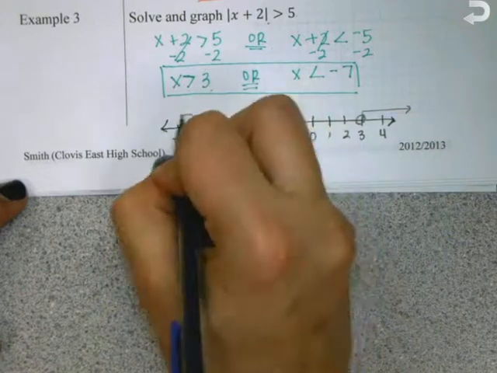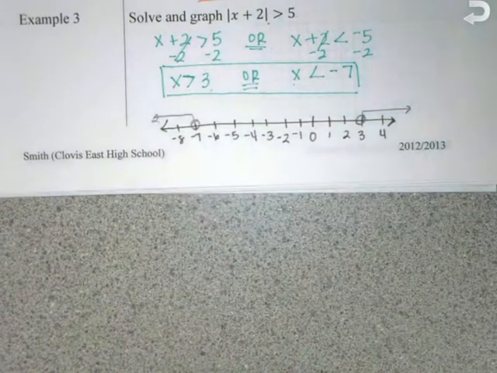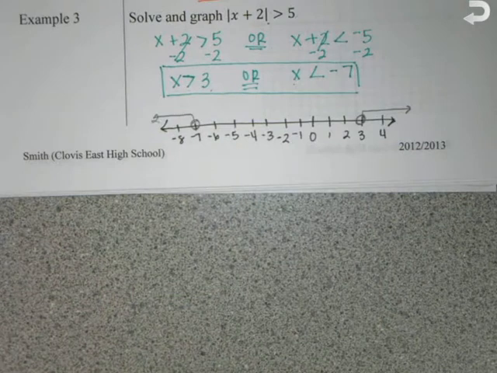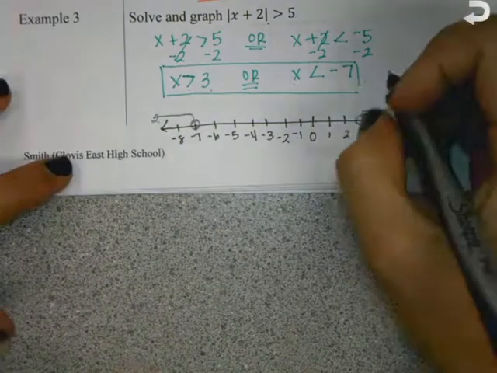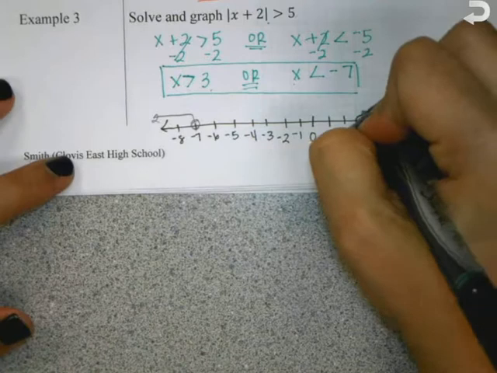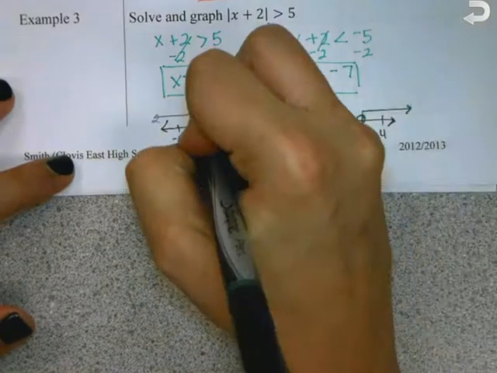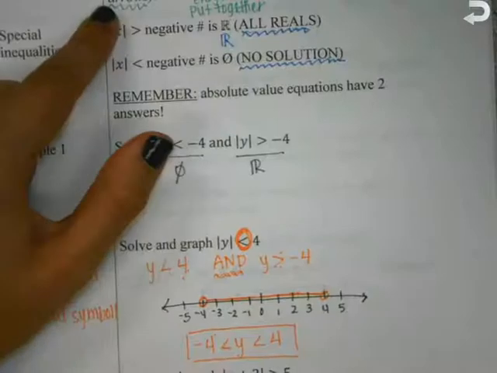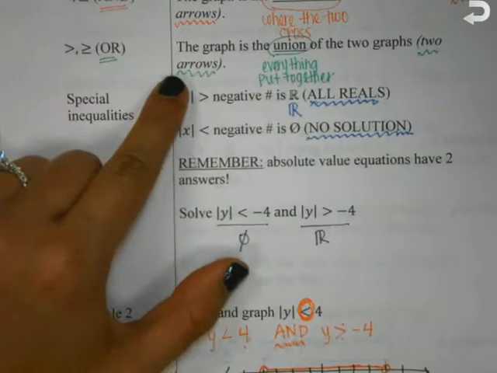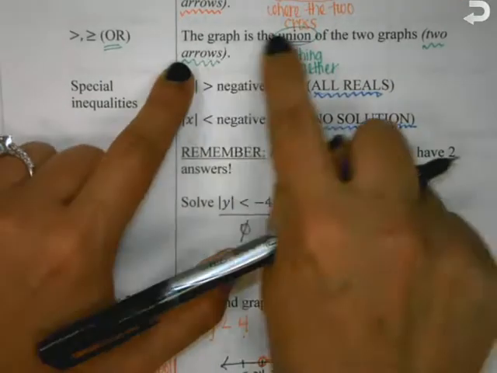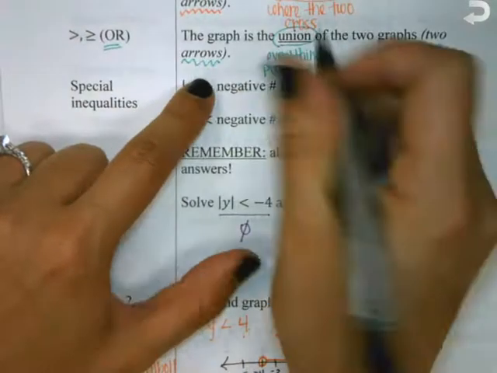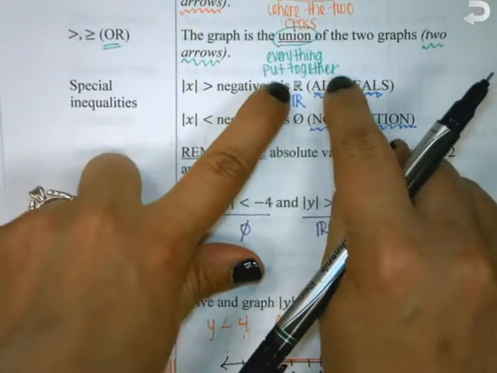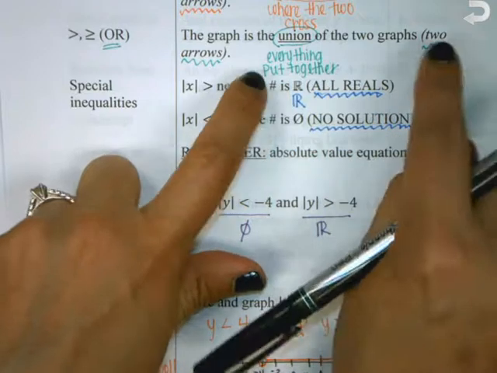Well, my definition at the top said, if I have greater than or equal to, the graph is the union of the two graphs, which meant we were putting everything together, and there's going to be two arrows. So when I look at example 3, and I see that my answer is x is greater than 3 or x is less than negative 7, it's okay that they're going in two different directions.